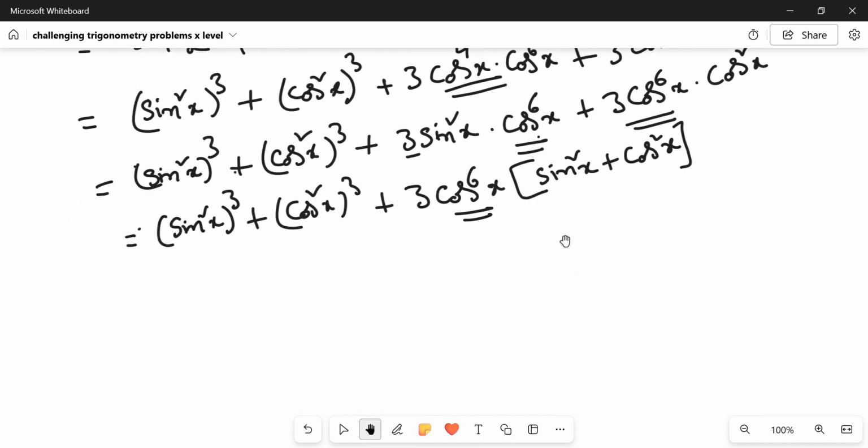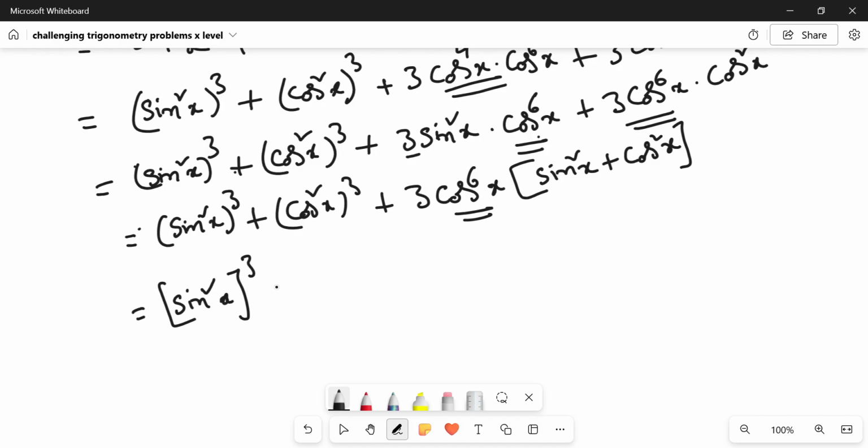So don't write this sin square x plus cos square x as 1. I'm telling you that, and you'll understand why. In this sense, it is a little complicated problem. This is like sin square x whole cube plus cos square x whole cube. So you have a cube plus b cube pattern, plus 3ab is what I need.